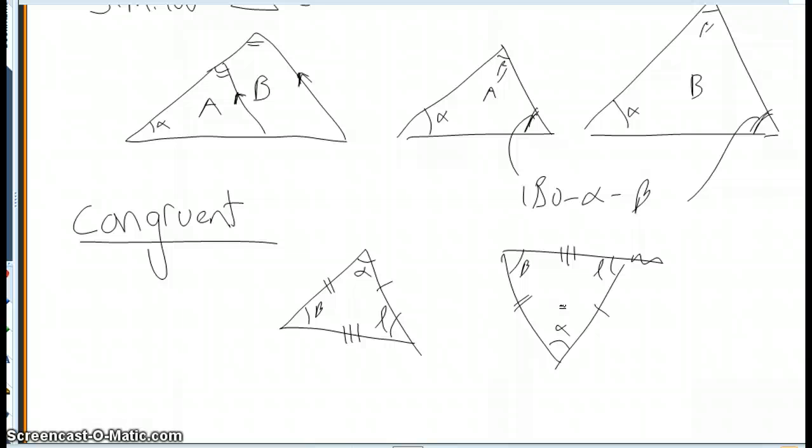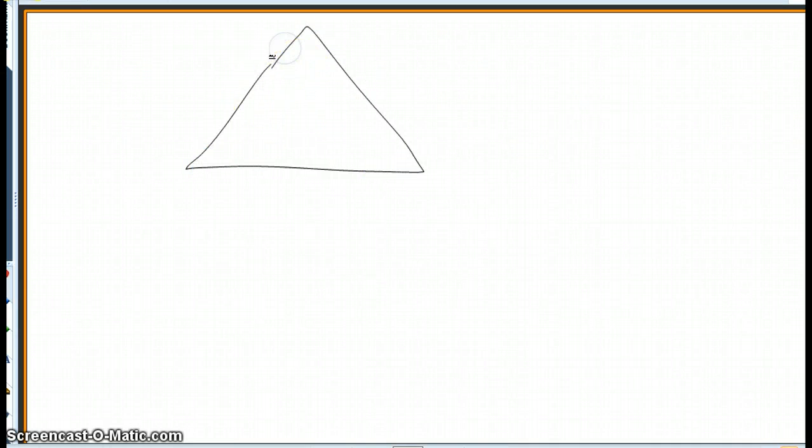Let's put that to the side for the time being, where I really want to focus on similar triangles. Let's go back to this problem.